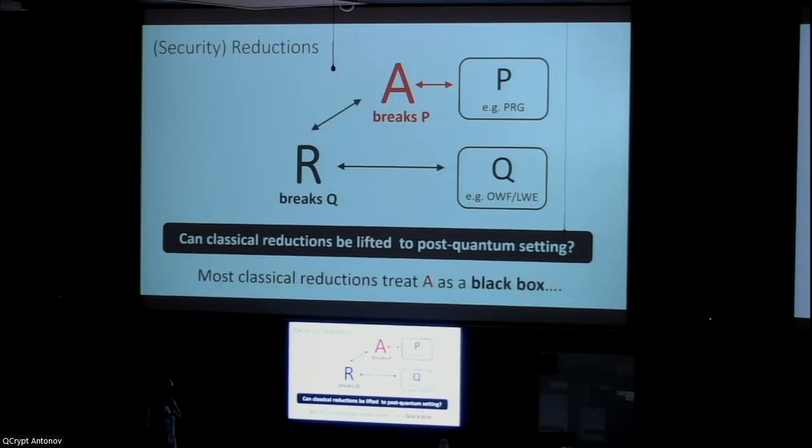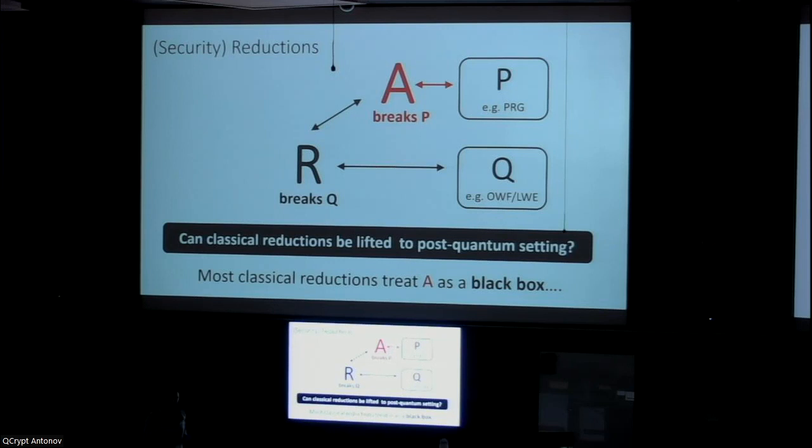At first, of course, we're thinking of reductions that use the adversary A in a black box manner. Not all our reductions are of this form, but almost all of them are. So let's focus on these black box reductions. And now we ask, do they still work in the post-quantum setting?